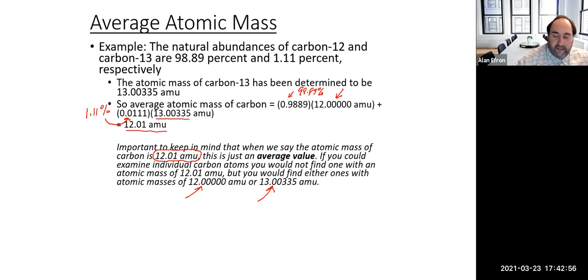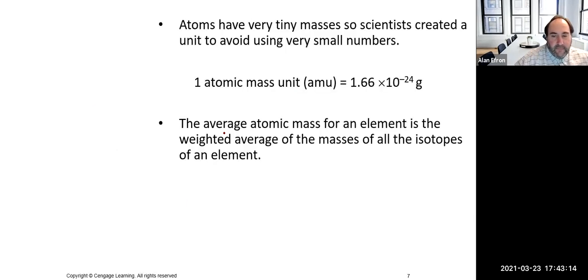When we do something like molar mass, or atomic mass, typically when we take that number off the periodic table, 4 significant figures is what we use. Now, atoms are very tiny, so we avoid using very small numbers.